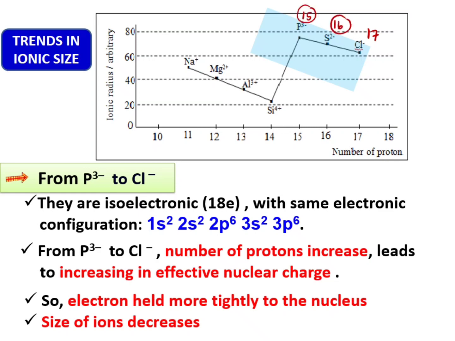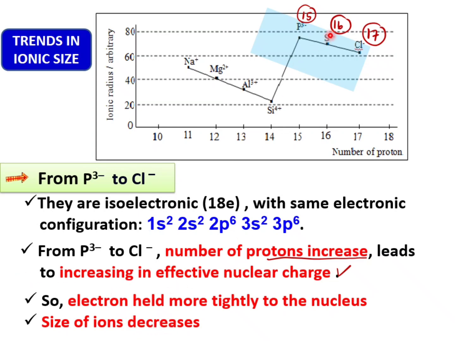What I wrote here is the proton number, so you can see that's why it says the number of protons increases. It means the attraction in the chlorine atom is higher than in sulfur and phosphorus. So that's why the effective nuclear charge increases. And then the electrons are held more tightly to the nucleus. That's why the size of the ion decreases. Okay?